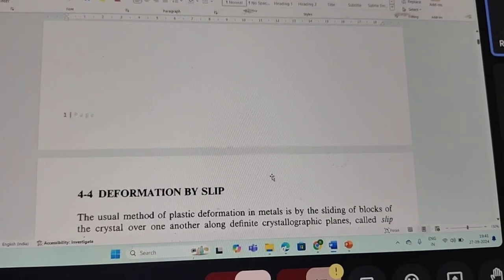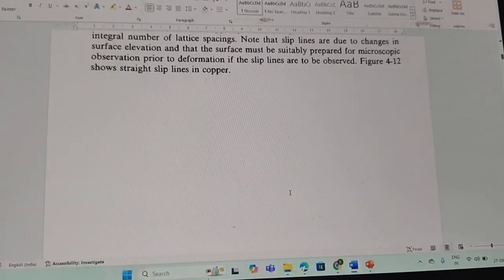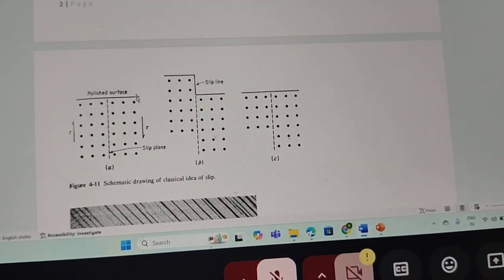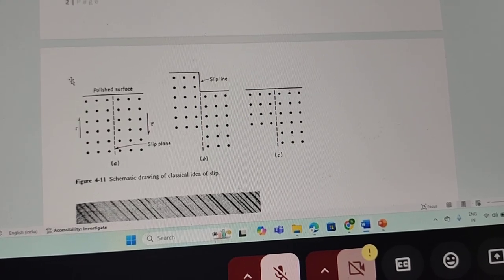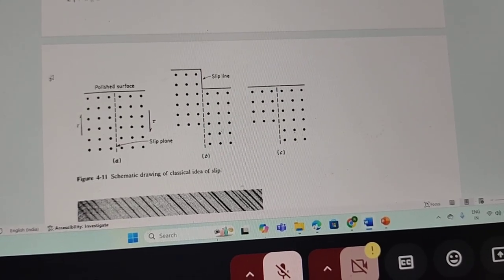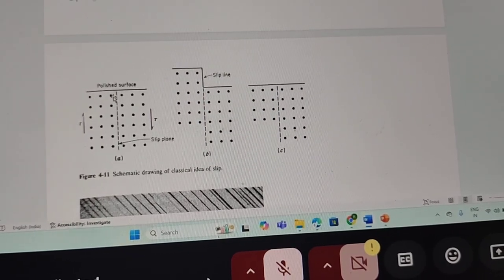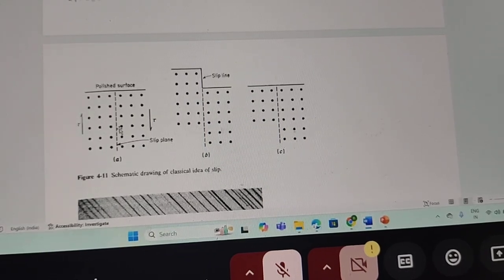Now you see, deformation by slip. I'll show you some figure and then make you understand what that is. See, in the material, at the atomistic level, what is happening? See, there are these crystal planes. Suppose here the arrangement is like this. This is separated by an imaginary slip plane.